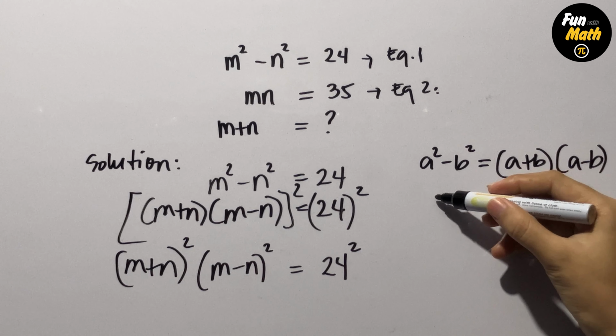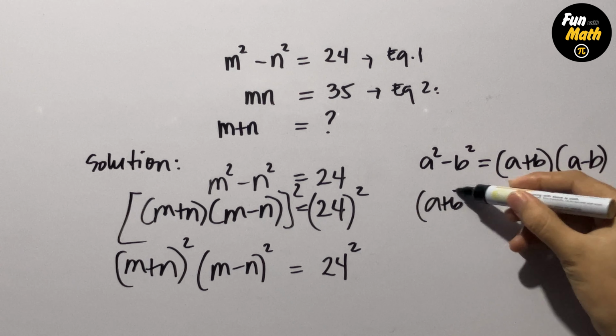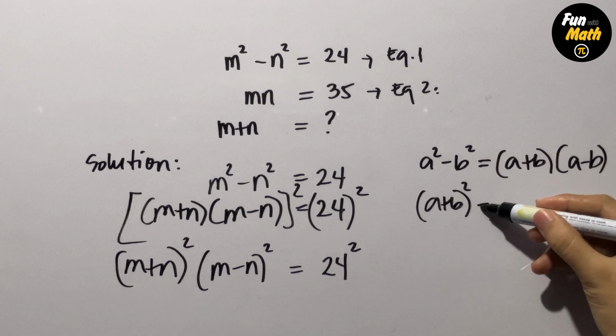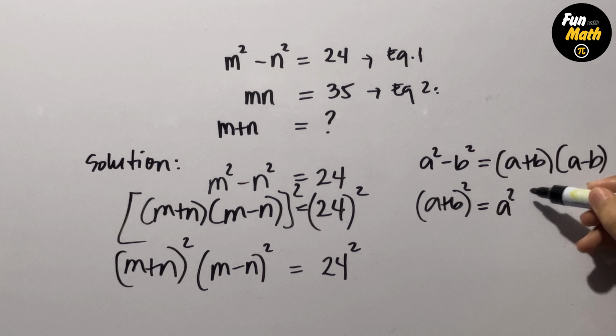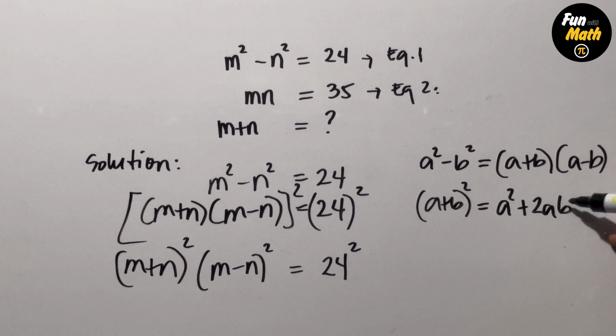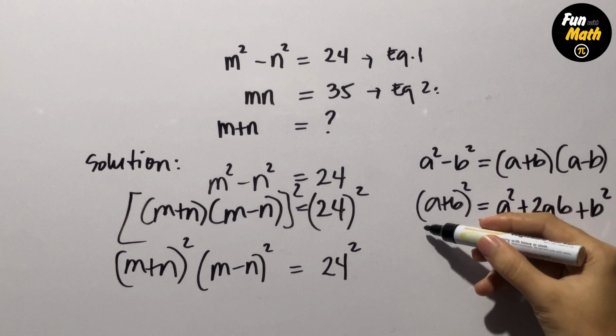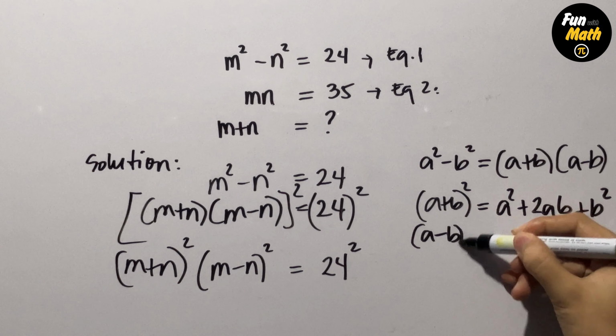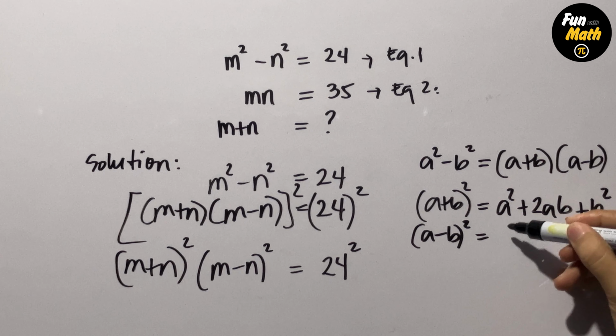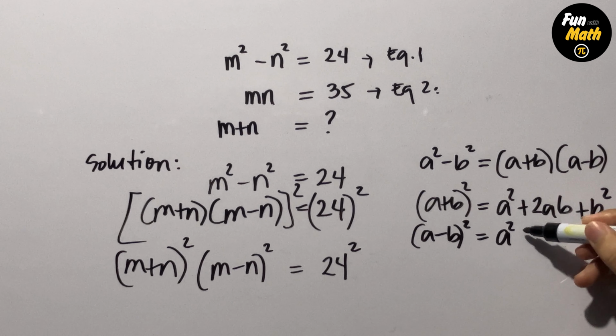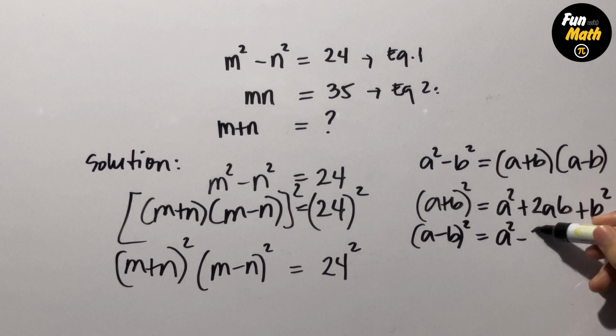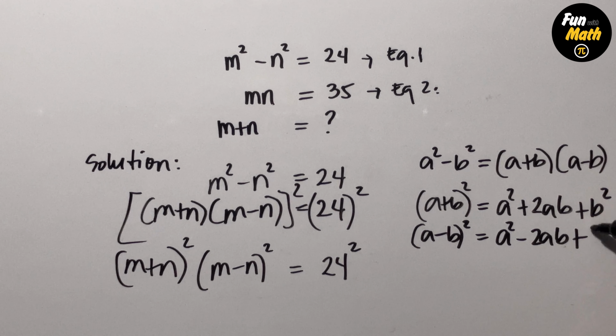So we have an identity: a plus b squared is equal to a squared plus 2ab plus b squared. Another identity is a minus b squared is equal to a squared minus 2ab plus b squared.